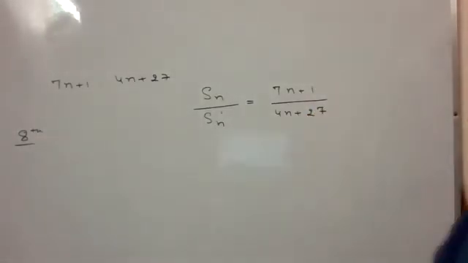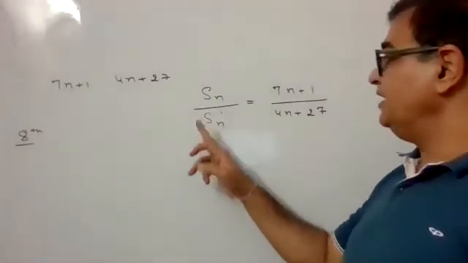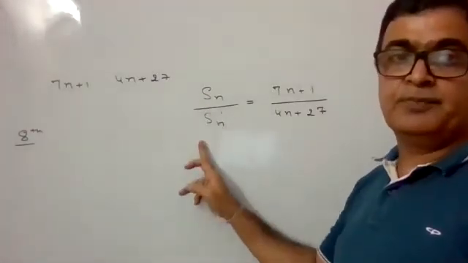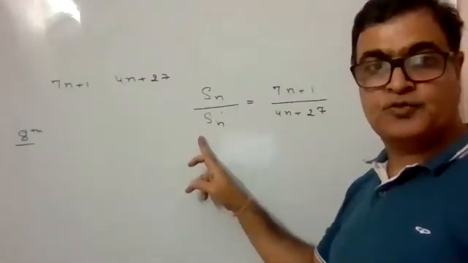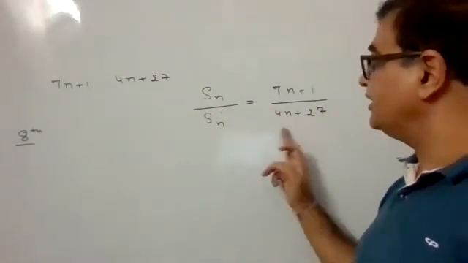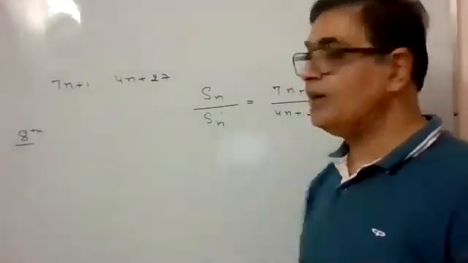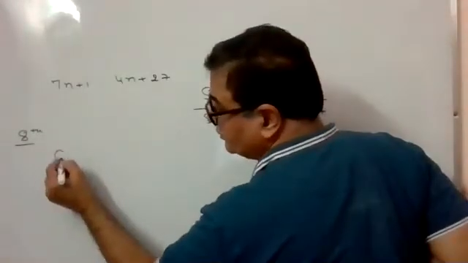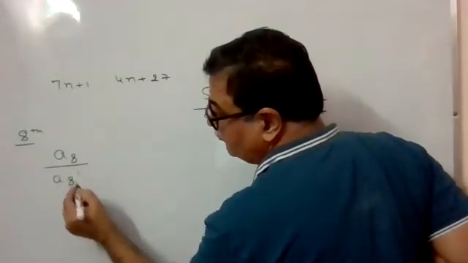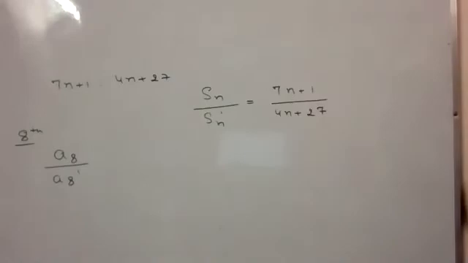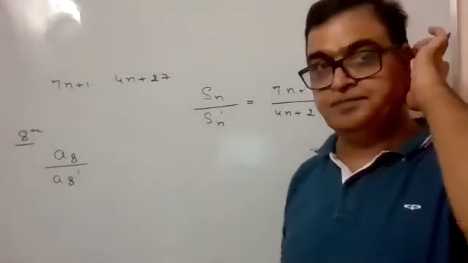My question is find out the ratio of their eighth term. So the eighth term of the first series and the eighth term of the second series. So A8 by A8 dash we want.